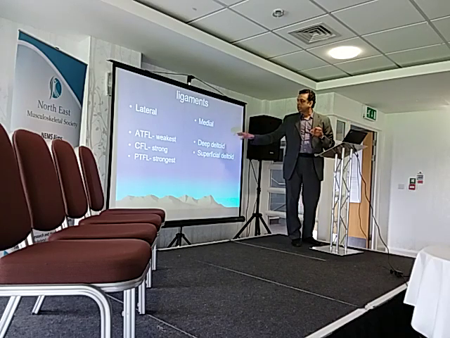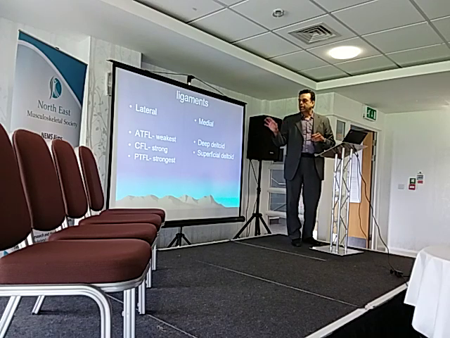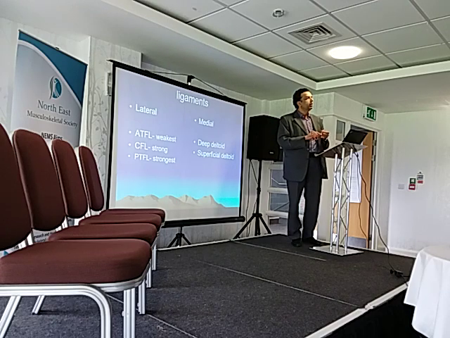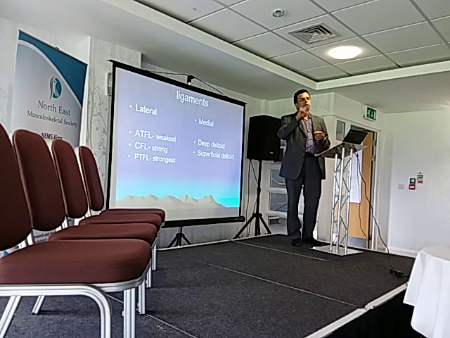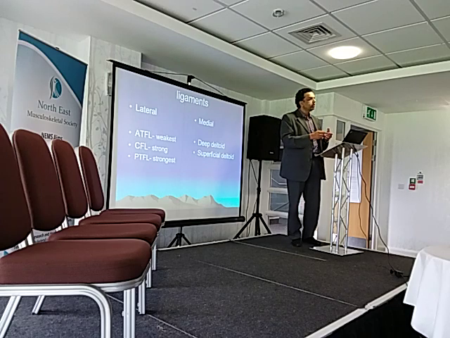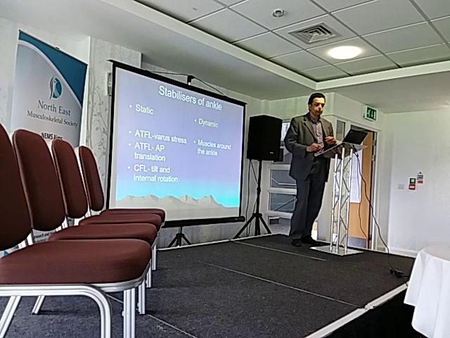The medial side, as you all know, is the deltoid ligament, and on the lateral side there are three ligaments, and one of the common ones that is damaged is the ATFL, which is the anterior talofibular ligament. There's also a ligament between the calcaneum and the fibula, which is quite strong, but once you start getting the stretch injury to the ankle, it can also rupture.